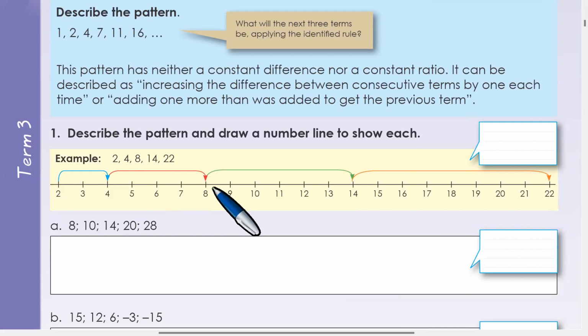Is it a constant difference? What do you think the constant difference is? In other words, are we adding a fixed number here? 2, 4, 8, 14, 22.